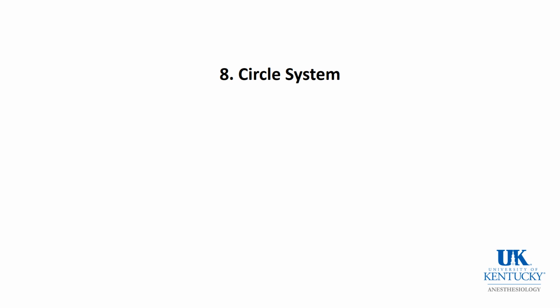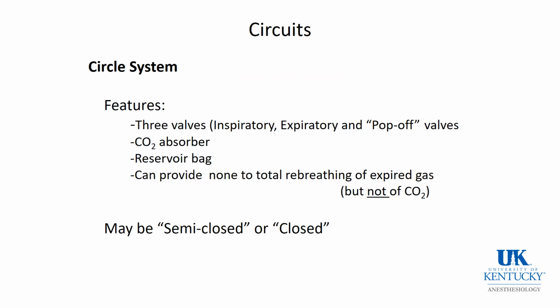So let me turn to the circle system. In the old days, you were challenged, and I think they may still ask a few questions about the Mapleson circuit, but we only use the circle system on our machines. The features are it has 3 valves: an inspiratory valve, an expiratory valve, and a pop-off valve.